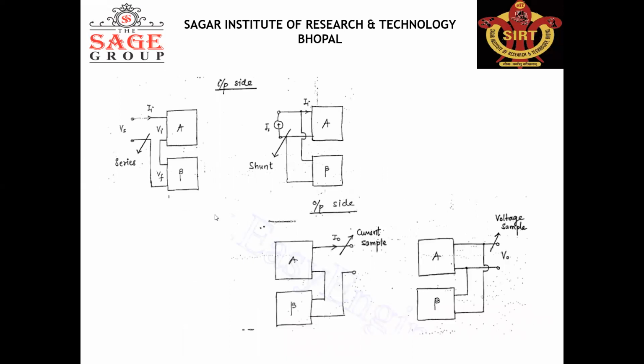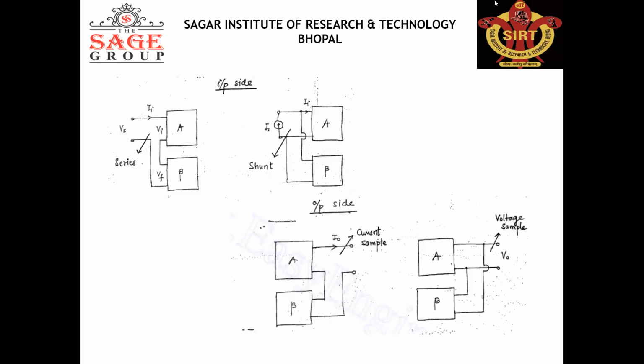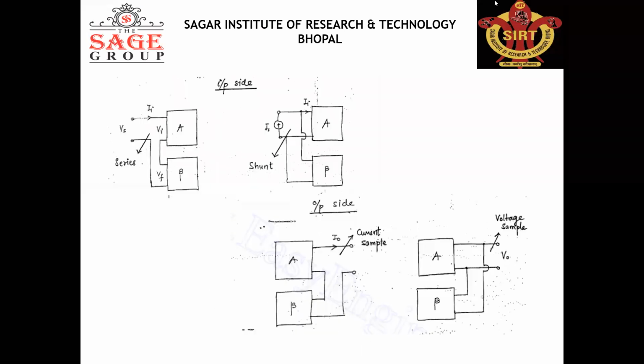So you can see here that the first diagram is the voltage series. This is the input side, and this is the output side. Here the mixing is shown, right?